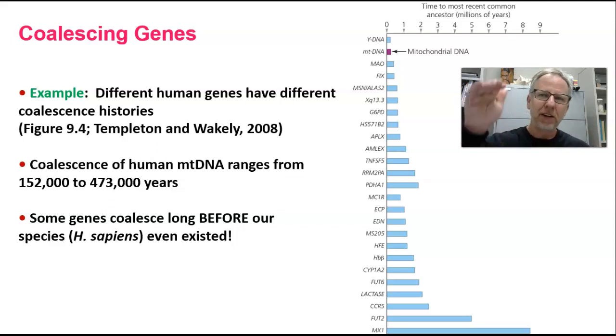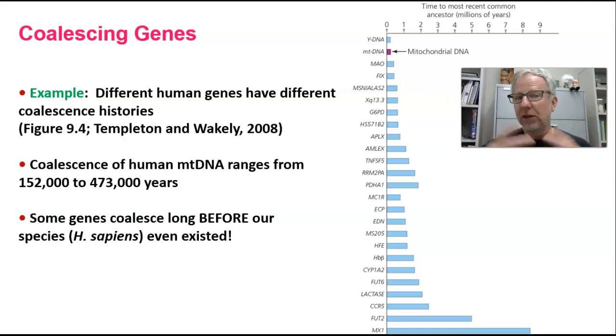They're arrayed in the figure from the top down, from Y chromosome DNA on the top to mitochondrial DNA below that, and then a bunch of autosomal genes arrayed below the mtDNA. And these different human genes have different coalescence histories.